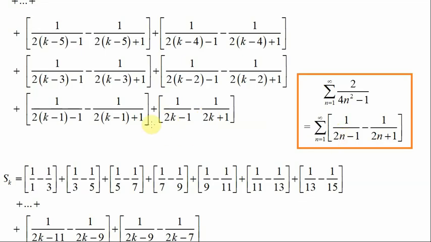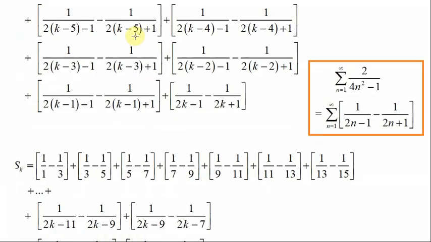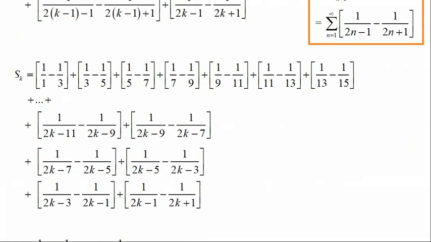And then the term before the kth term, in the place of n, we have k minus 1. And then the term before that, in the place of n, we have k minus 2, k minus 3, k minus 4, k minus 5. And then simplify, we end up with this.